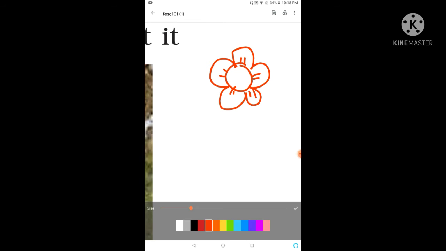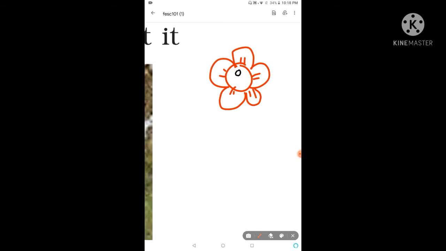Okay, see, I'm drawing a big flower. I'm drawing it just roughly so that you can understand. And in between, they have some like this.